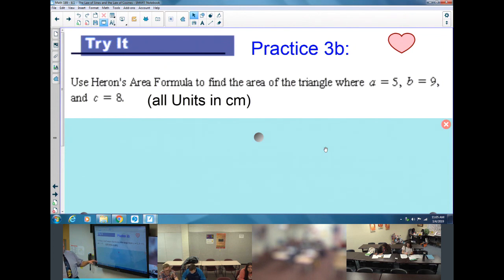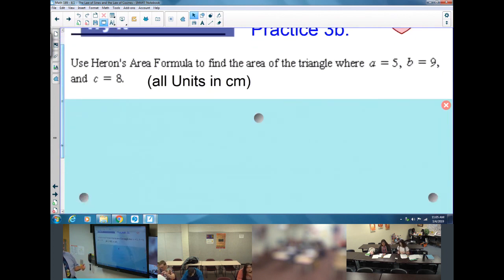Practice 3B is kind of where we were. It says use Heron's formula to find the area of a triangle where A is 5, B is 9, and C is 8, all units in centimeters. So with Heron's formula, the first thing you do is find the semi-perimeter, or half the perimeter.